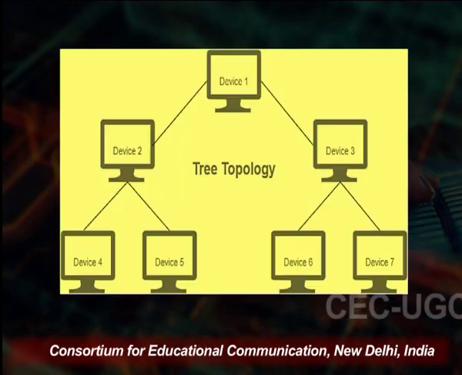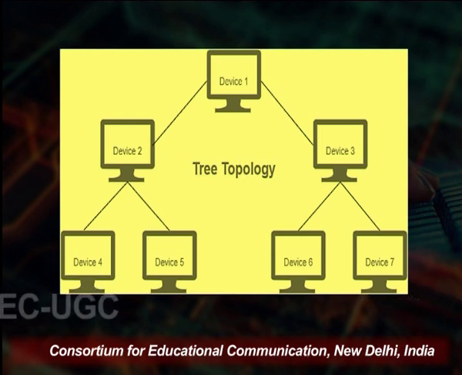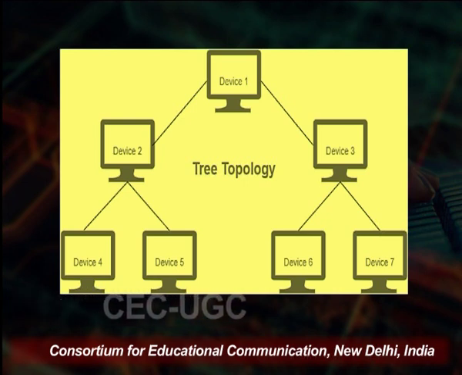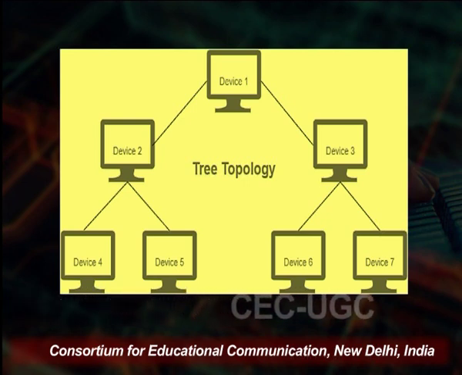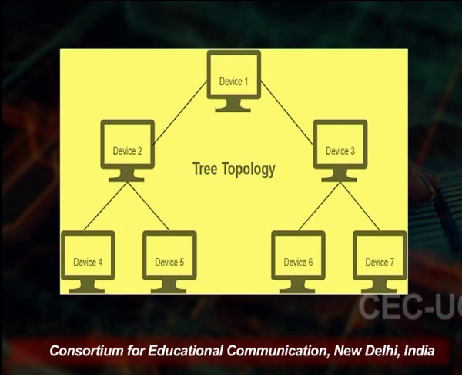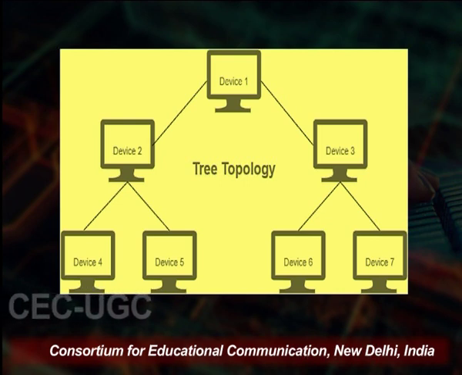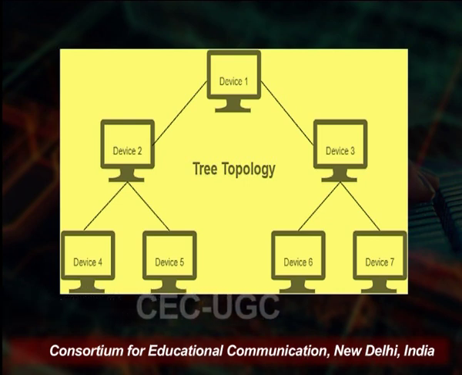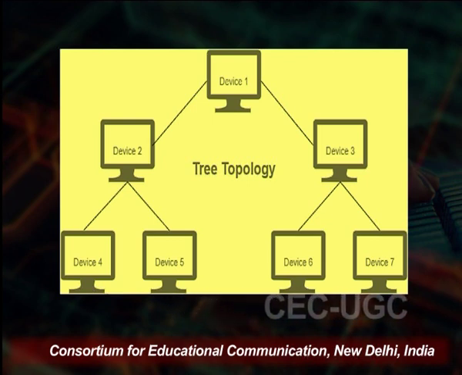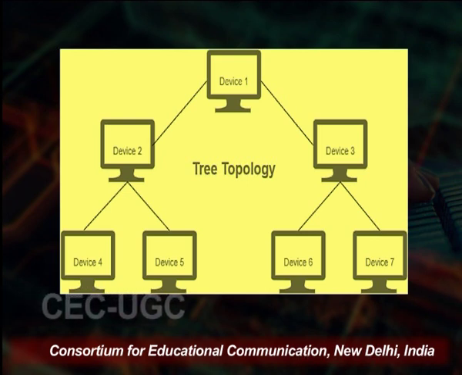So, here in this figure you can imagine that device 1 is the central hub, 2 and 3 are the secondary hubs, while 4, 5, 6, 7 are actually the receiving nodes or devices at the end. Data may transfer from 1 to 2 and 3, and then from 2 to 4 and 5, from 3 to 6 and 7.